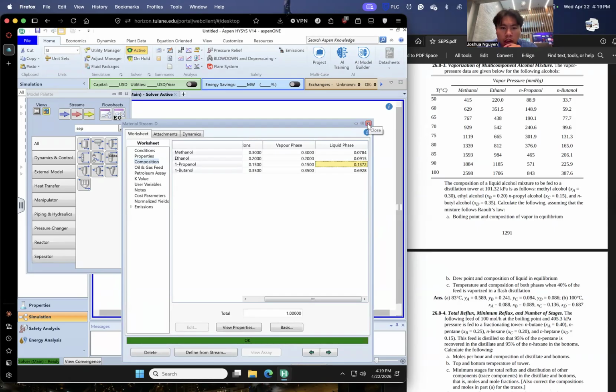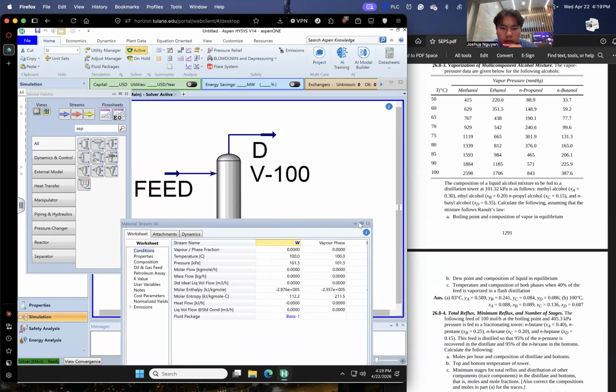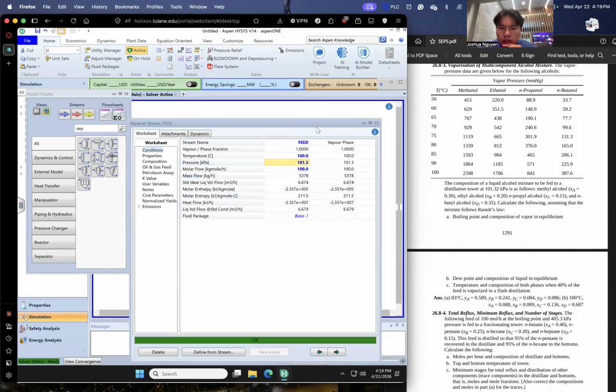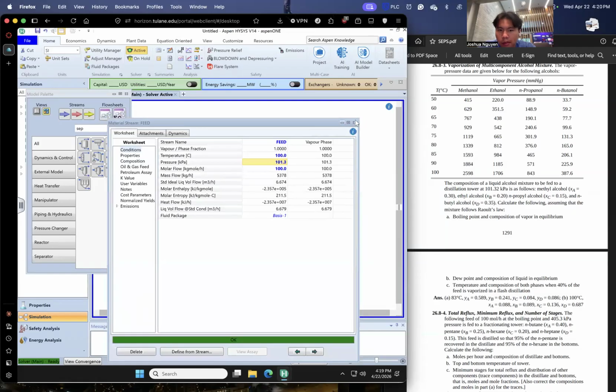Okay, this one looks more right. I think I had to change the temp here. Yeah. Yes, I think I actually had to back calculate from the 40% vapor distillation in order for that to happen. What temperature was needed at the top.